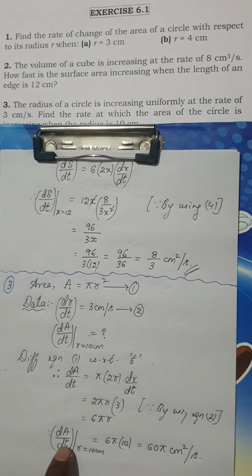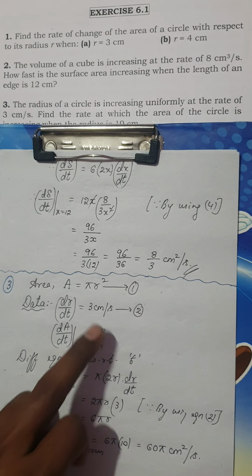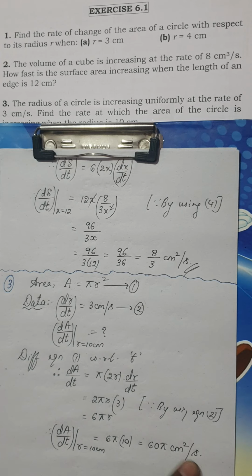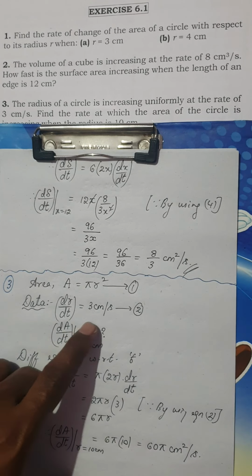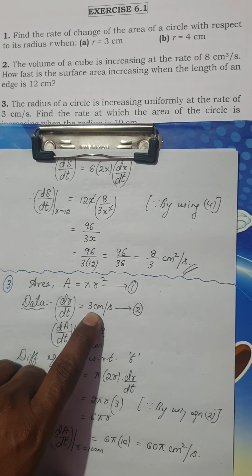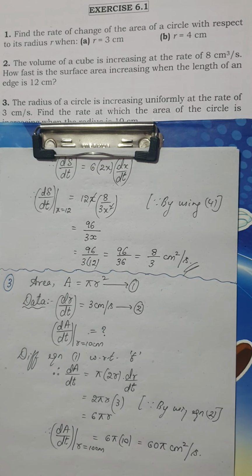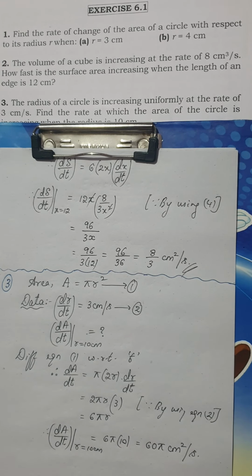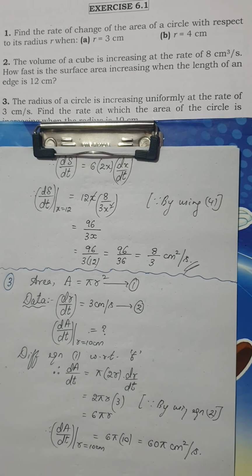The unit of time is second here. Sometimes the unit of time might be given in minutes, and in that case you have to take per minute. Please be careful with the units he has given. Is it fine? So this is the solution for this question. Shall we move on to the next one? Right.